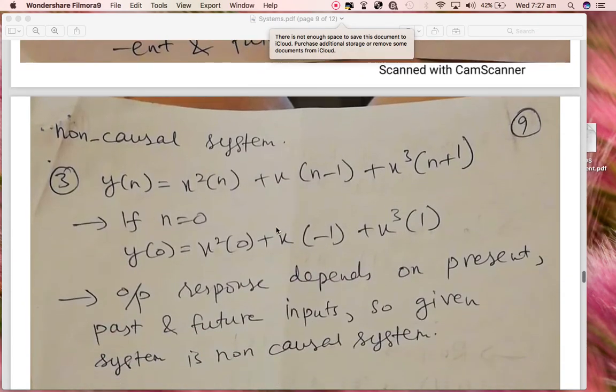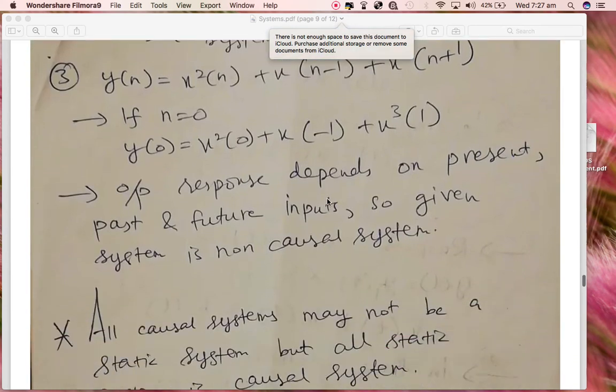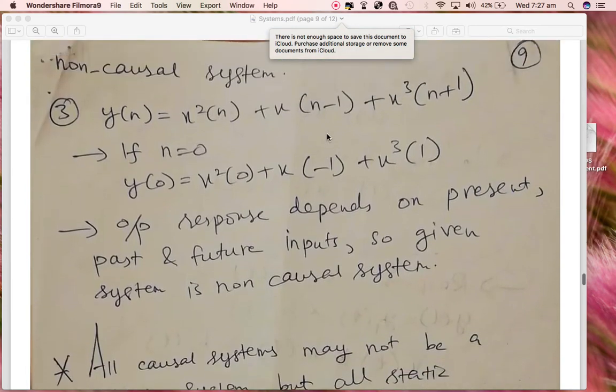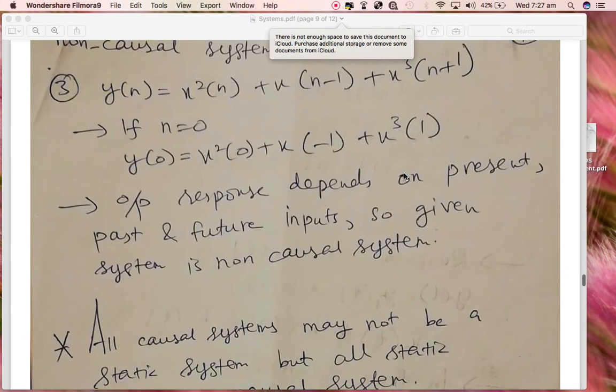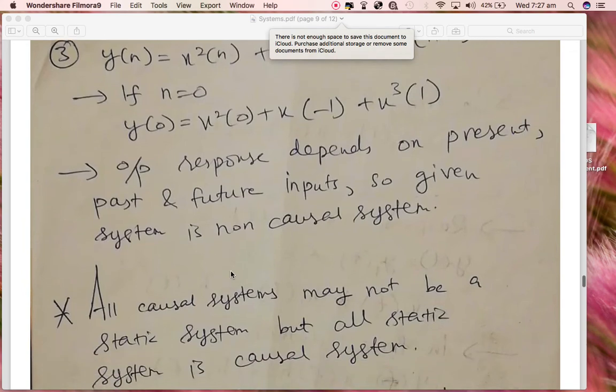If we have this kind of equation and we put the value of n equal to 0, then we can see that this equation gives us the calculation of the output based on the present value of input, the past value of input as well as the future value of input. So the output response depends on the present, past and future inputs. So the given system is a kind of non-causal system.